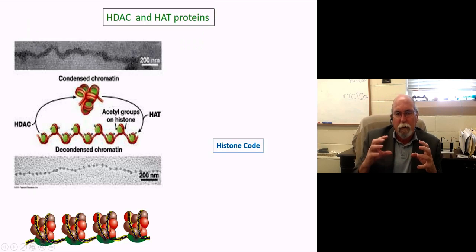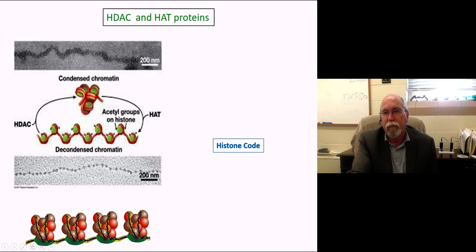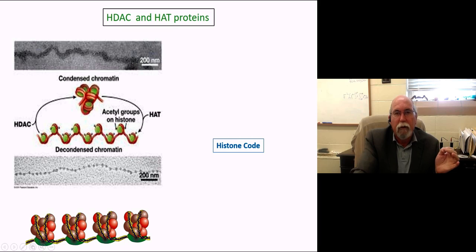Okay, compaction of these chromosomes and this chromatin and all of these nucleosomes occurs because of a series of processes, one of which is very important is acetylation. Basically what happens is that acetyl groups are added to these tails that you saw, and by doing that we get what's called condensation, right?